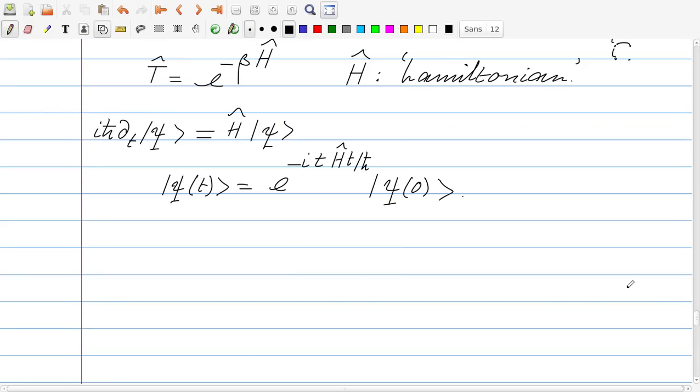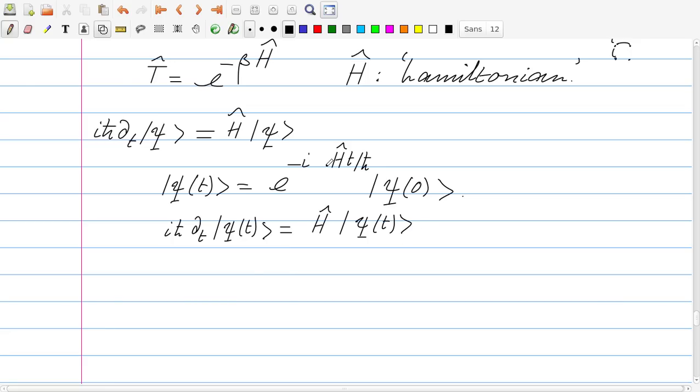So if we put this solution back into this equation, then we see that i h bar d/dt of psi of t is H, and then the 1 over h bar cancels against this h bar, and then we have a psi of t. So this is easily checked.